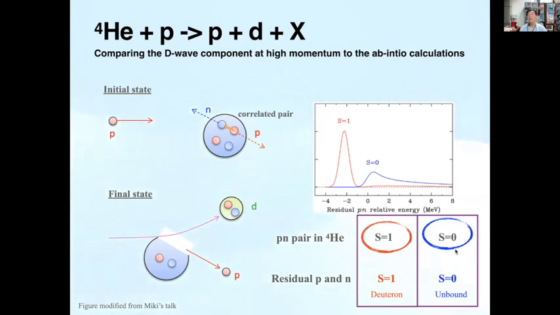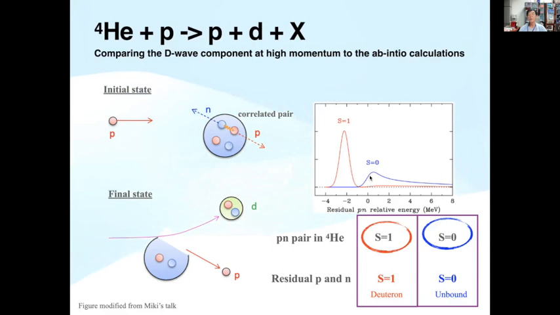But if it is an S equal 0 state, you should observe this. And this includes the resolution of the detector, but it should be above 0 MeV. So it's an unbound state. So by looking at those spectra, the observation is essentially the sum of those two.